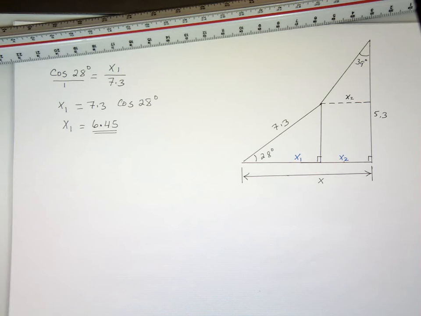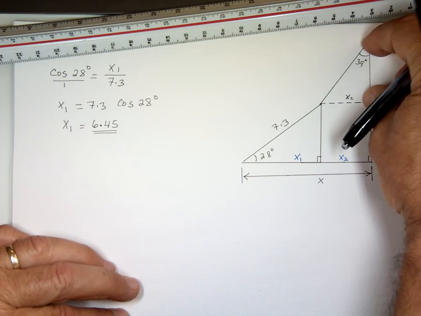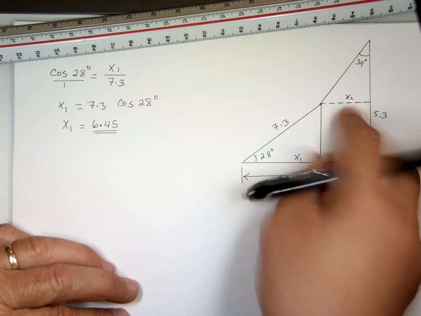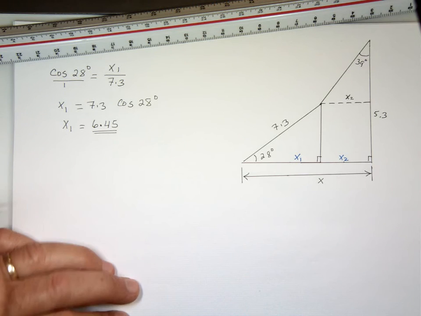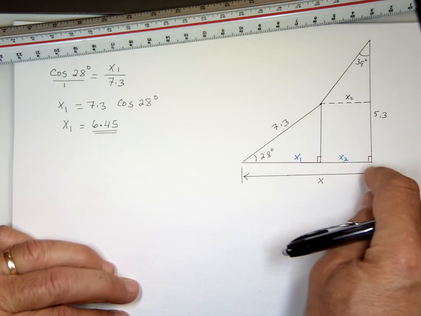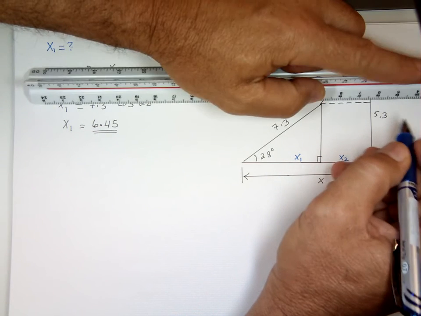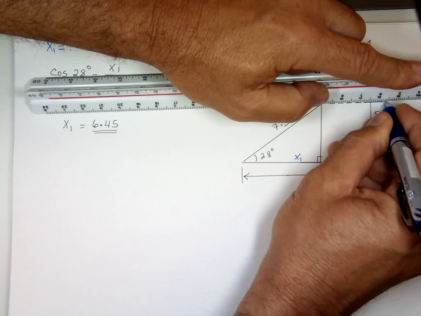Just when we thought we got something, like, oh. If I know what this side is, I can calculate that. If I know this side, I can calculate that. So I need one of them. They give me 5.3 from here to here. That doesn't help me. I need to know the distance from here to here.